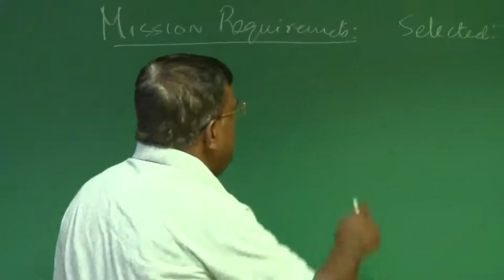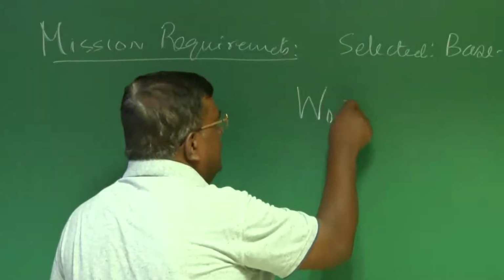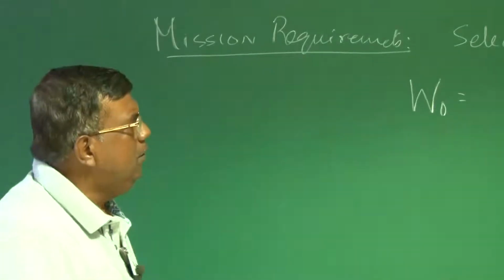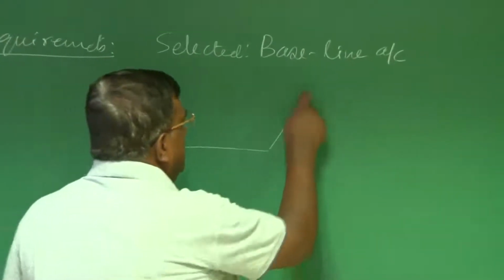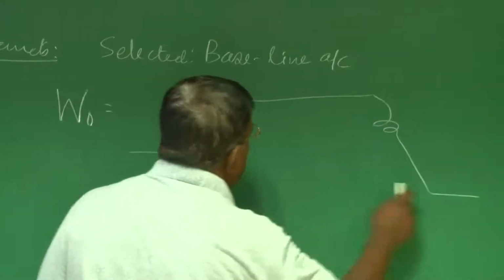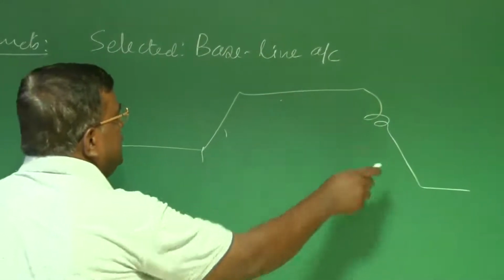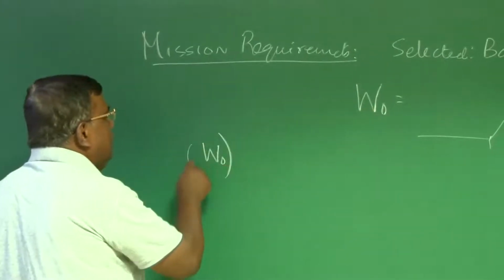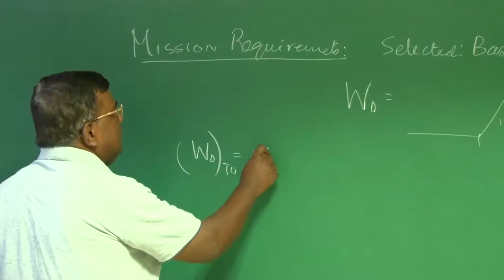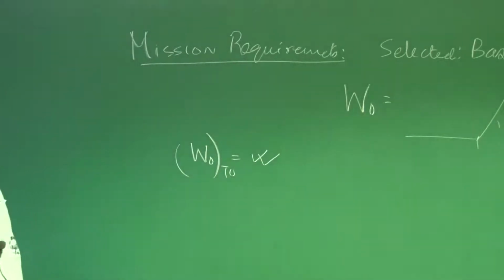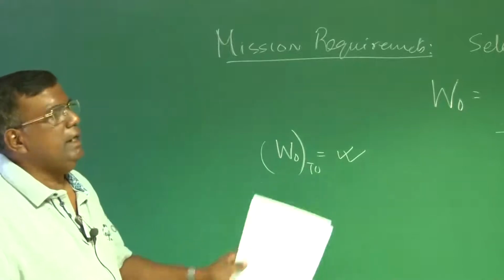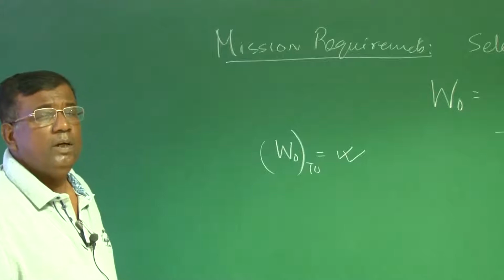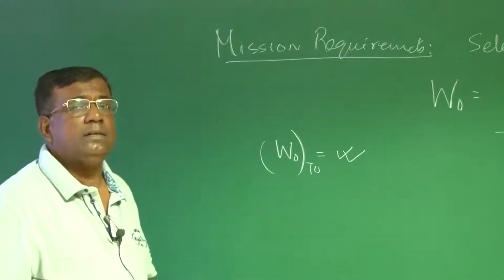In doing that, first we estimated W0. It's a very gross estimation. What we did, we said, okay, there are primary mission requirements: takeoff, climb, cruise, etc. And then we said, okay, W0 takeoff is some number. And in this exercise, we also estimated the empty weight fraction and the fuel fraction.